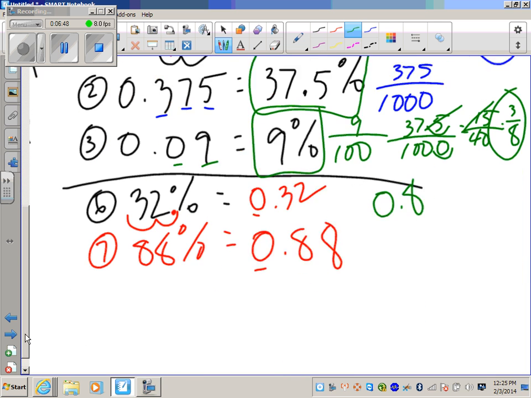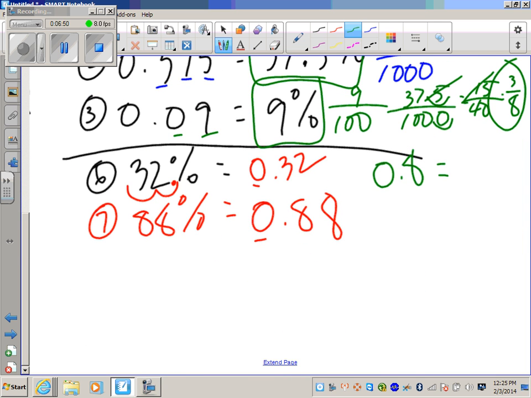Okay. So we got to put it into fraction form. 8/10. 1 place after the decimal means 1 zero. That's another shortcut. Simplify as 4/5.